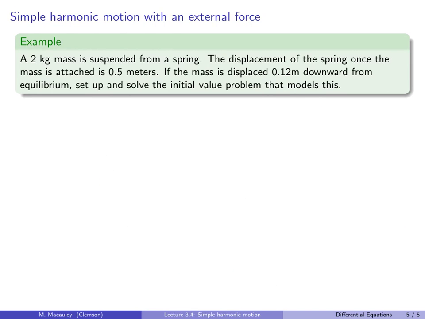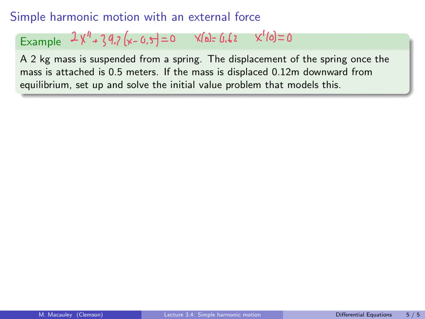Okay, so on the previous slide, we set up the initial value problem for this system, and now we're going to solve it. So let's actually write down what that problem is again. It was 2x double prime plus 39.2 times x minus 0.5 equals 0, and then x of 0 equals 0.62, and x prime of 0 equals 0.